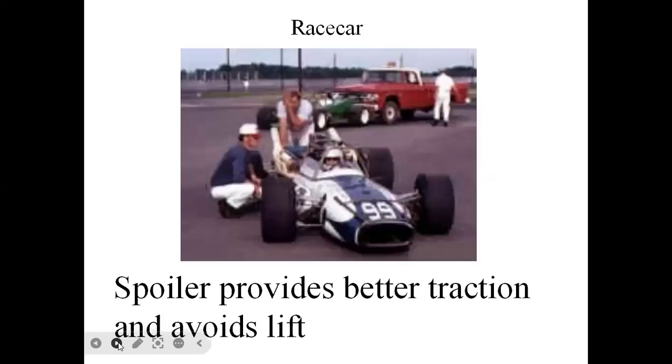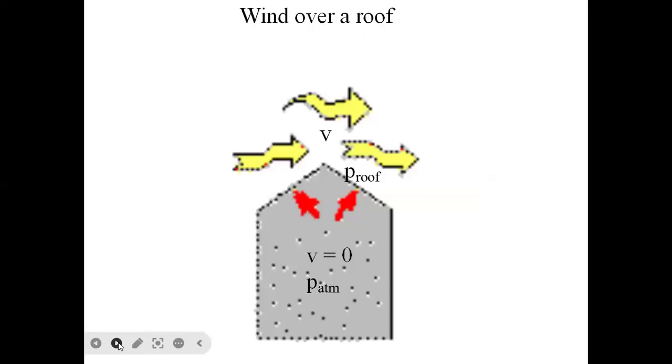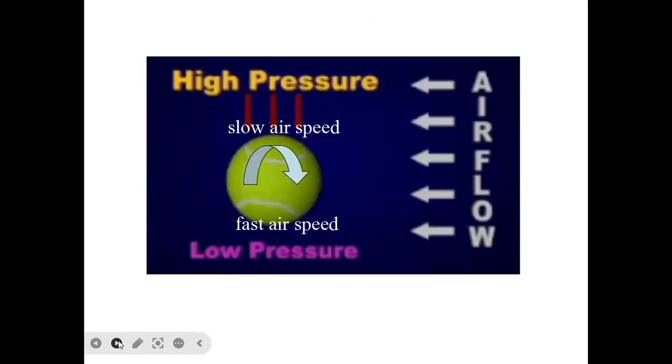We can give this example also. Spoiler provides better traction and avoids lift. Wind over a roof. This is the proof. So atmospheric pressure equals pressure on roof plus half rho v squared. That means kinetic energy. Okay.